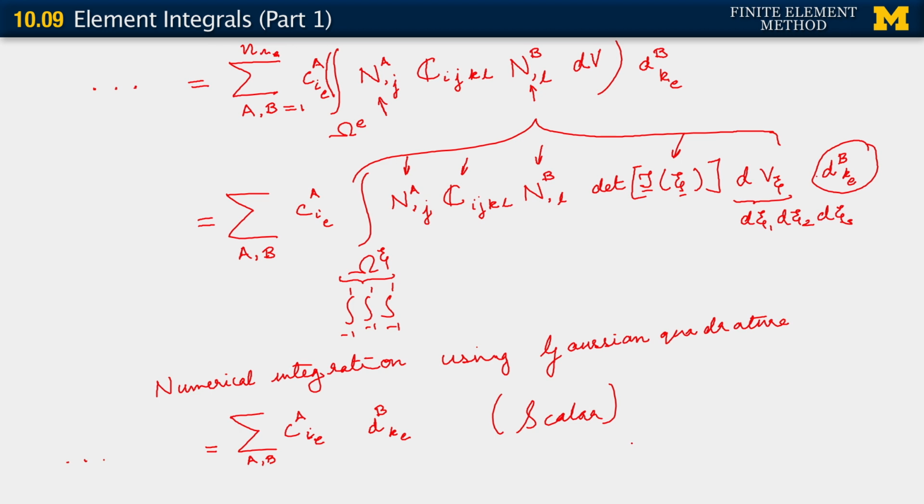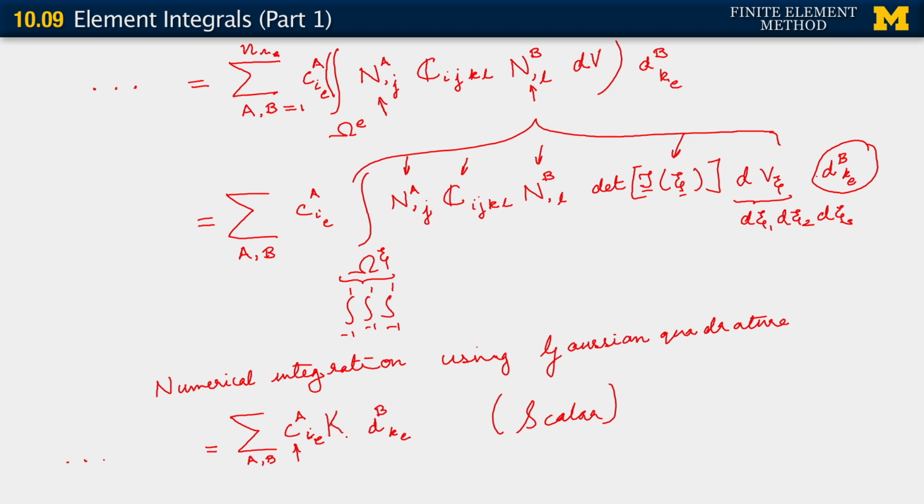But the way we've constructed it, we see that the C and the d, by C here I mean this C, not the elasticity tensor, the degrees of freedom have free indices. If the final thing is to be a scalar, there have to be other free indices, and whatever object is going to go into the blank space will be contracted out with i and k. So whatever object we have here, I'm going to denote it as K, of course.